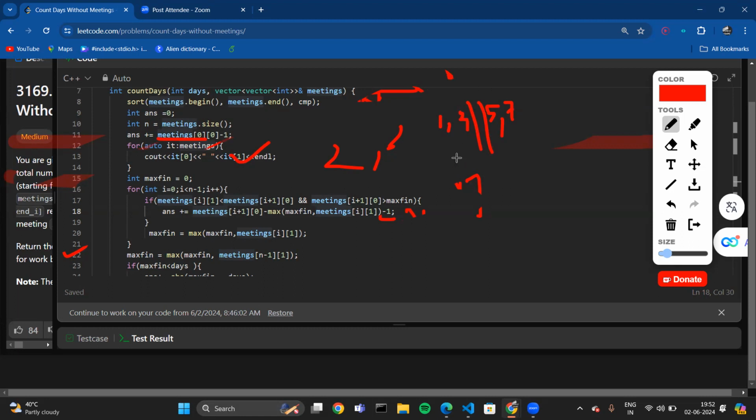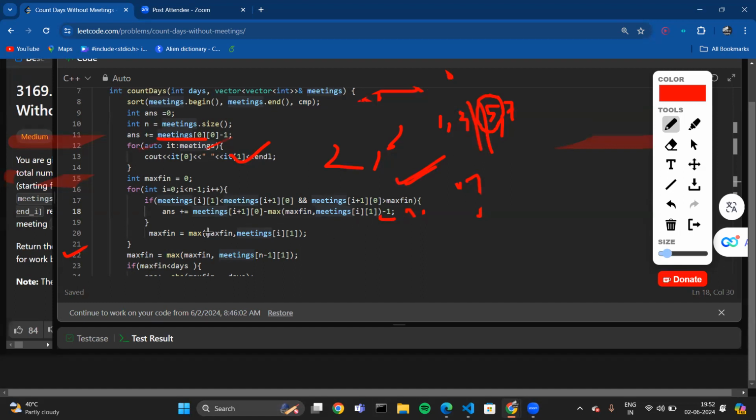But how to be sure? I can be sure if this is greater than the maximum element covered.